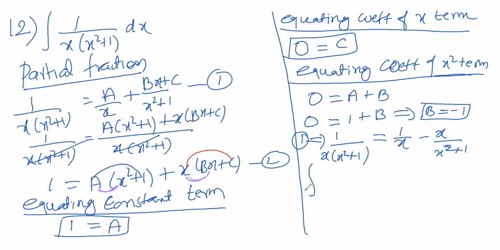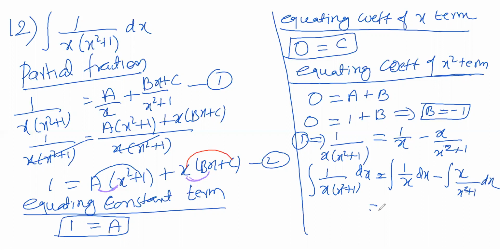So we are integrating 1 by x into x squared plus 1 dx, which is equal to the integral of 1 by x dx minus the integral of x by x squared plus 1 dx. What is the integral of 1 by x? Log x.